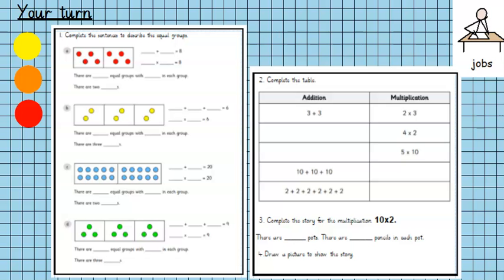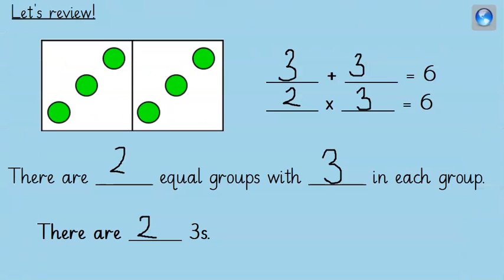So this is your job. It's in your learning pack. I want you to trim it like this and glue it into your maths book. This is exactly as we were doing earlier. Look, it's exactly the same.